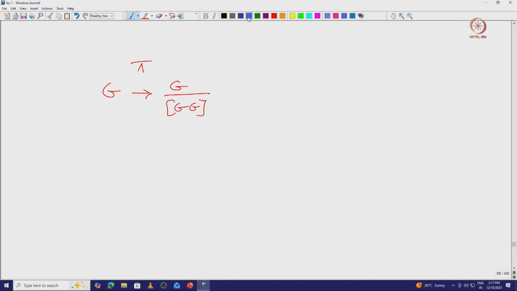Let us take any representation here, call it rho. Then we can lift it. This is called the lift of rho, which is given by the composition: you first apply pi and then rho. That gives you a representation of G, which acts on V via the map rho composed with pi. This works for any quotient.